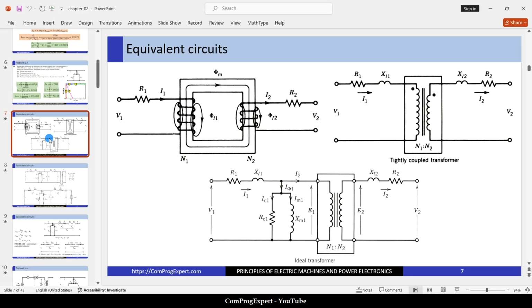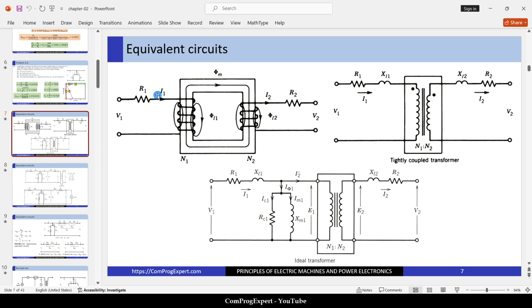Here is the structure of a single phase transformer. This is the input voltage of the primary coil V1. R1 is the resistance of the primary coil. We include it here in the model to calculate the voltage drop on it.